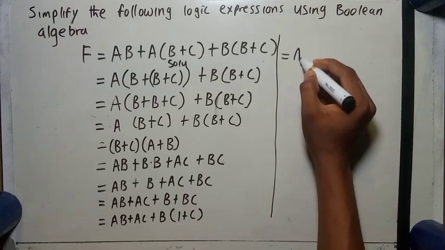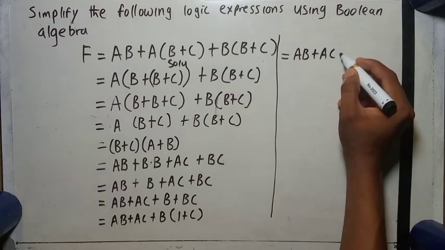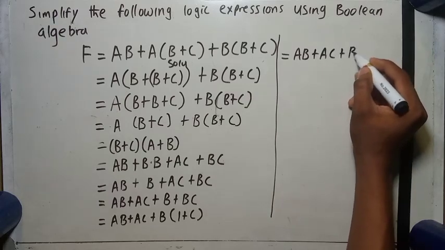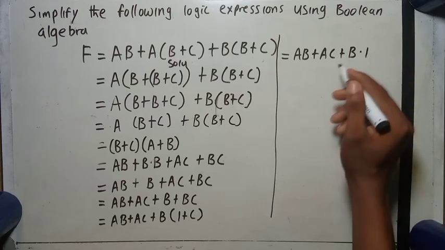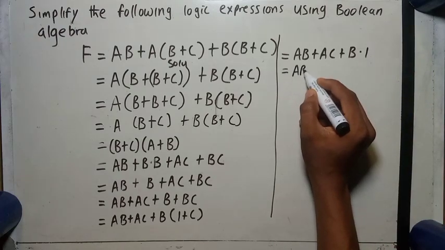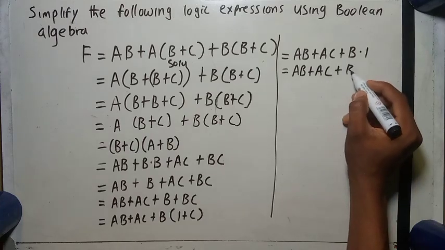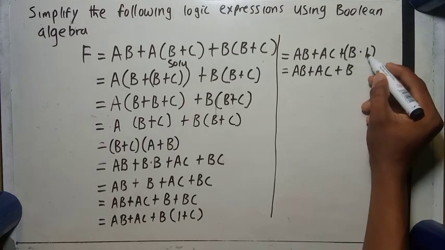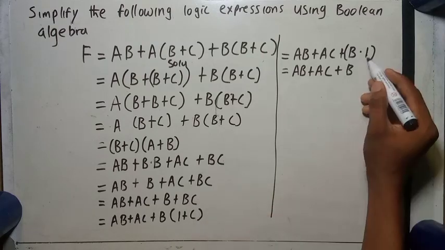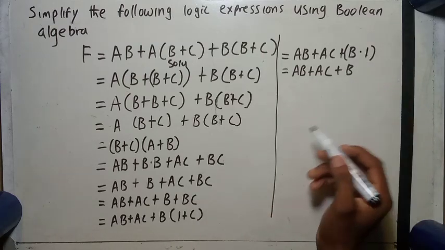We're going to have a b plus a c plus b times 1, and anything times 1 remains that thing. So we're left with a b plus a c plus b. Remember this 1 plus c gave us 1. Now b is here, b is here. We can still factor out.